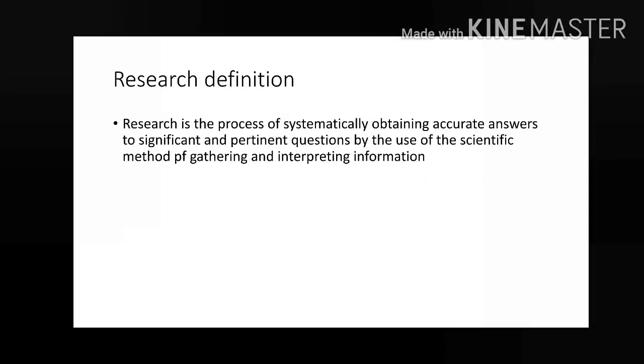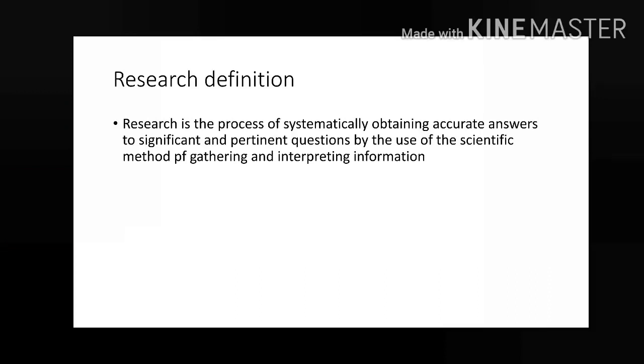Now coming on to the main definition, that in STEM you will find this as it is, and out of 4 options you have to mark that this definition is of which particular word. So the definition of research says, research is the process of systematically obtaining accurate answers to significant and pertinent questions by the use of scientific method.